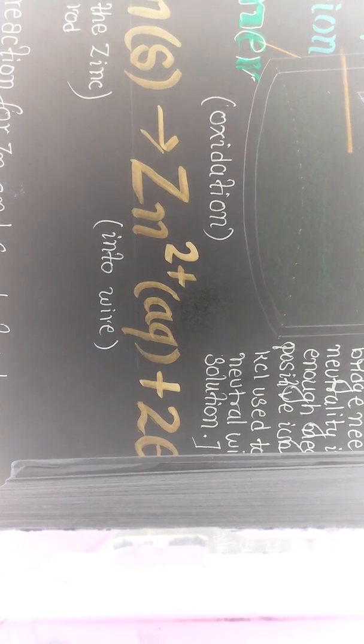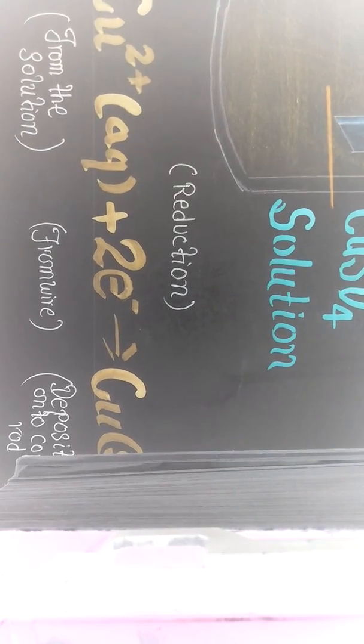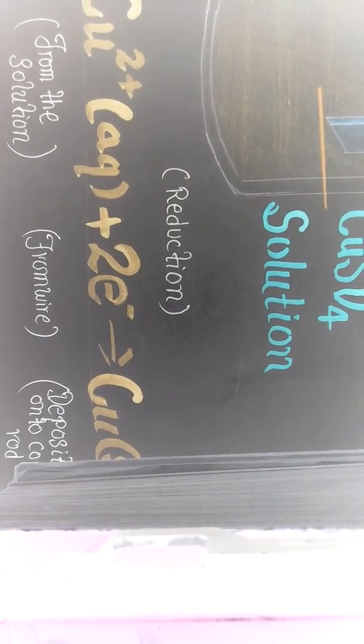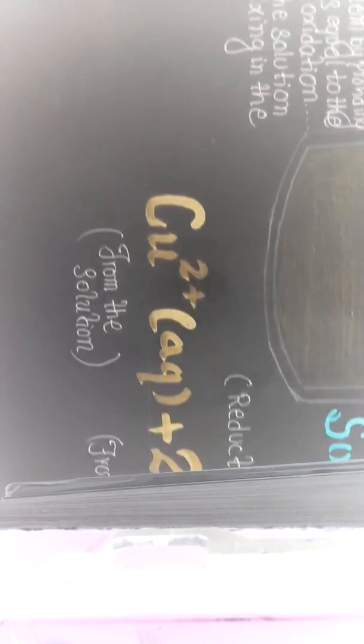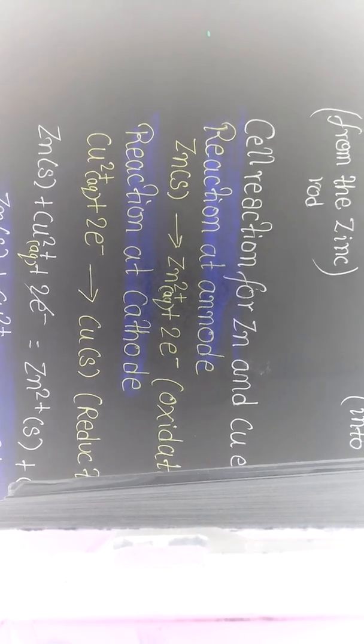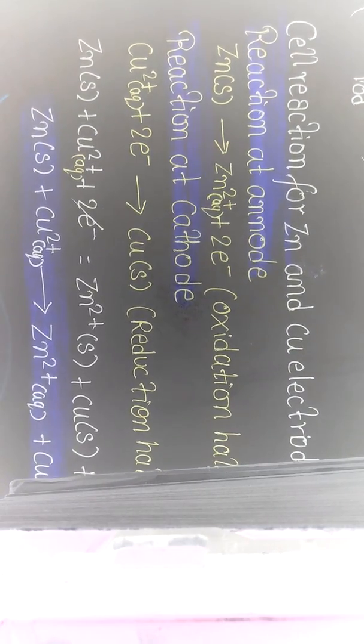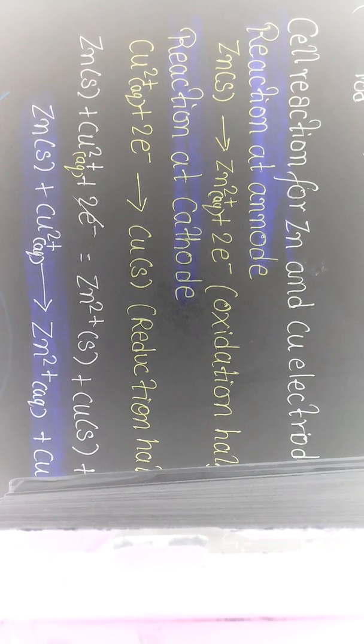This is the reaction at the anode and this is the reaction at the cathode. We will mix these two equations and form another equation for the cell reaction for zinc and copper electrodes. Reaction at anode: Zn solid gives Zn2+ aqueous plus 2e-, that is the oxidation half.